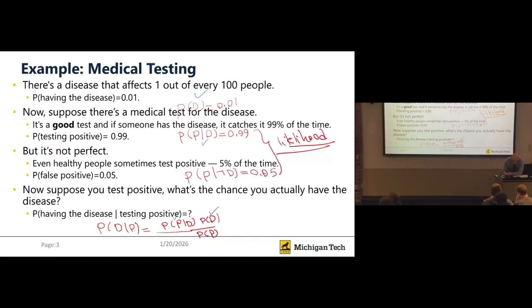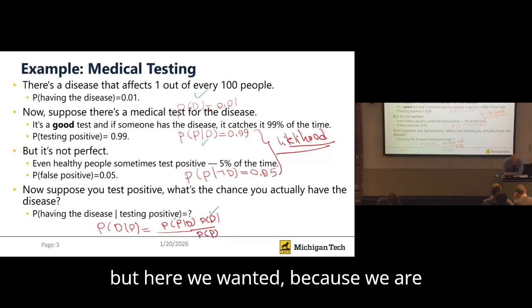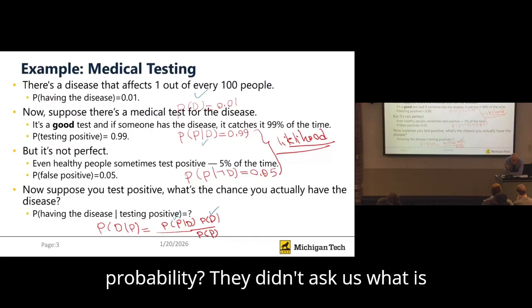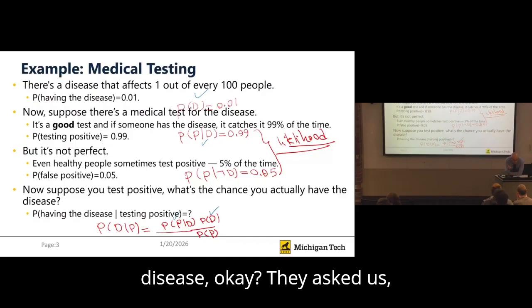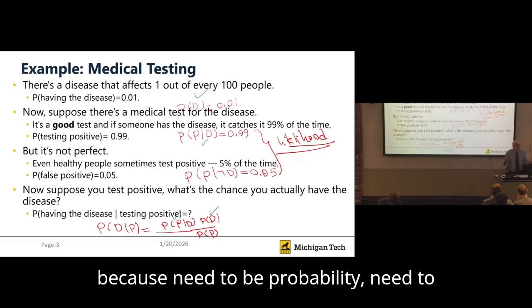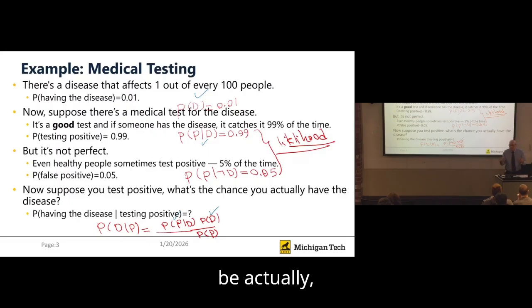But here we want it because they ask us what is the probability. They didn't ask us what the disease is. So because it needs to be a probability, it needs to be between 0 and 1.